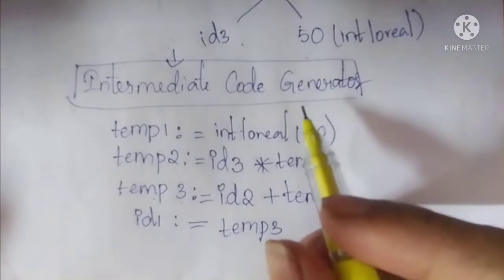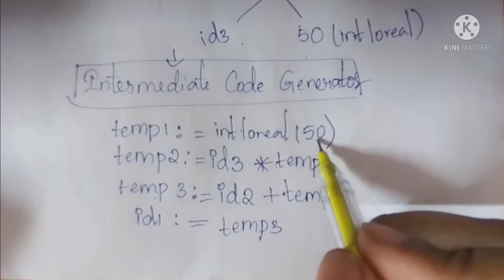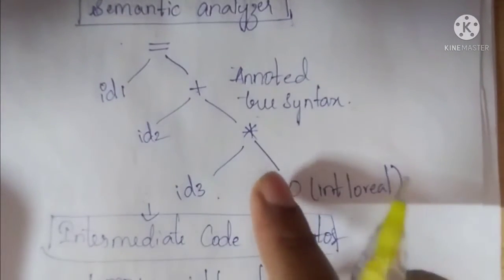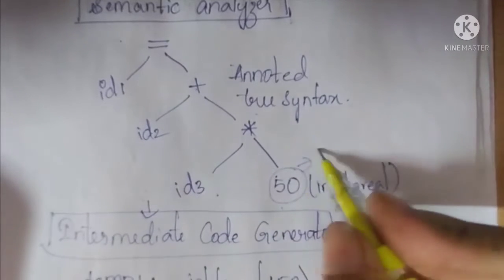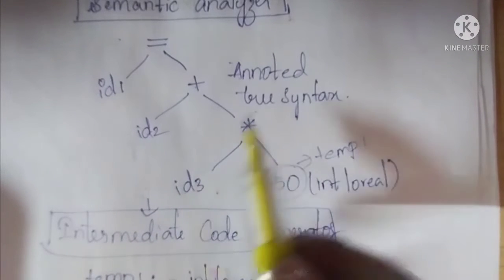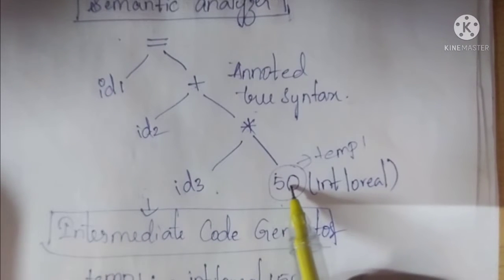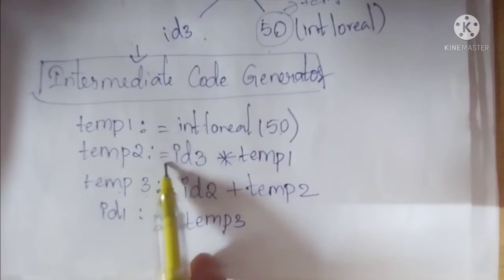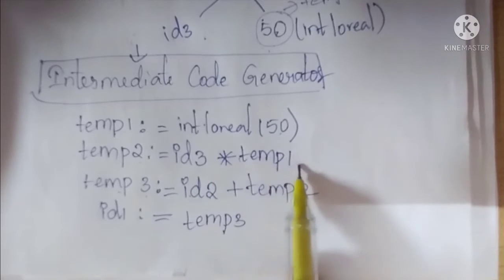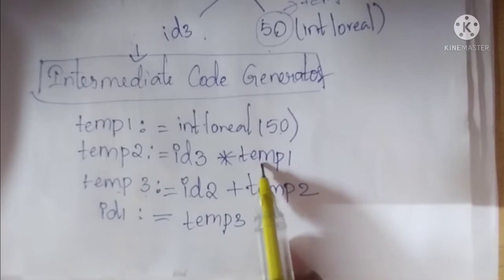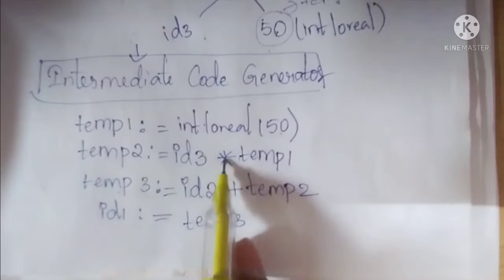We have already stored the 50 in temp1, so for this we have to write id3 into 50. So we take another temporary variable, temp2 equal to id3 into temp1. What is temp1? inttoreal 50. So this value will be stored in temp1, and id3 into temp1 will give the result, which will be stored in temp2.